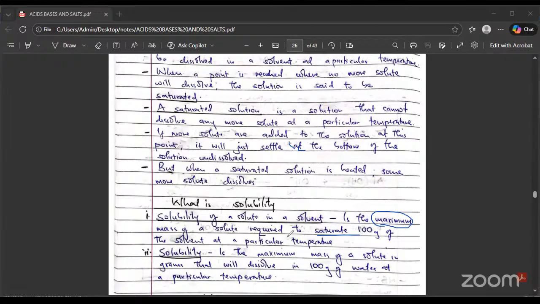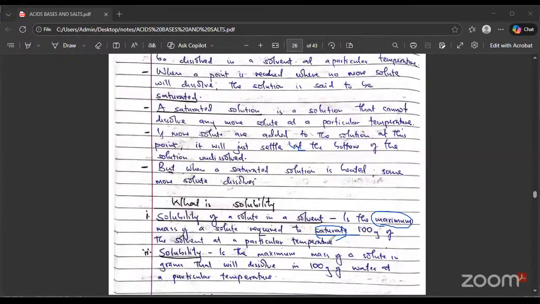If you forget the word saturate, there is no problem. We have other alternatives: you say that it cannot dissolve any more solute. That one is still correct. So you can say it is the maximum mass of a solute that cannot dissolve any more solute.